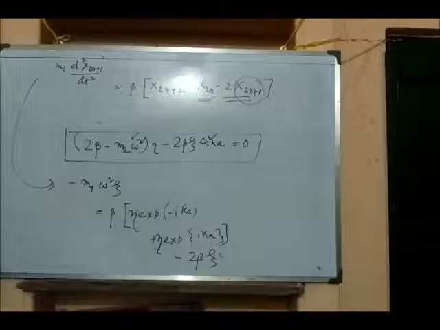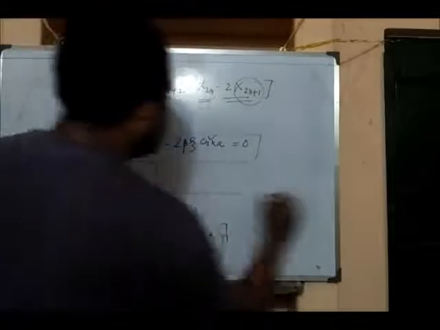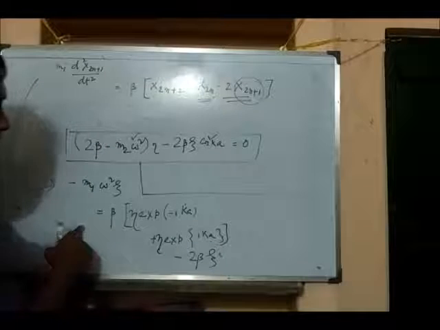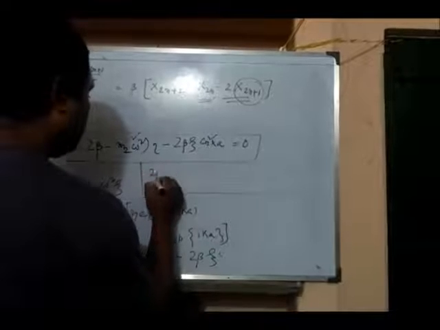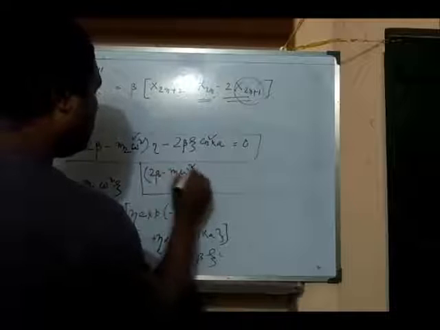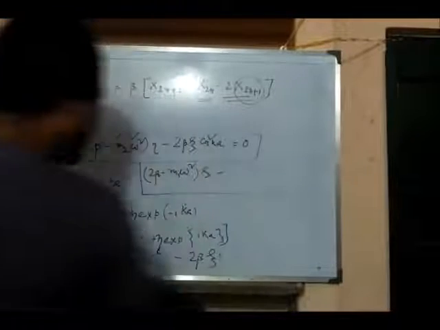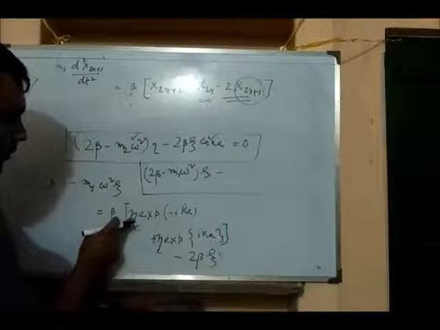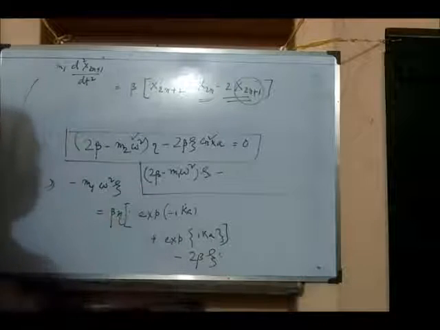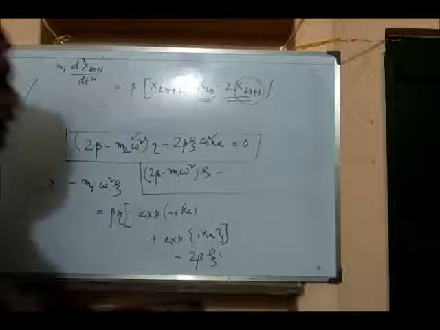So from this particular equation, if you write another relation, what you will get, if you bring this term to the left hand side, we will get (2 beta minus m1 omega square) into psi minus eta, if you take it out as a common factor, exponential minus ik, exponential plus ik, add them, what you will get?